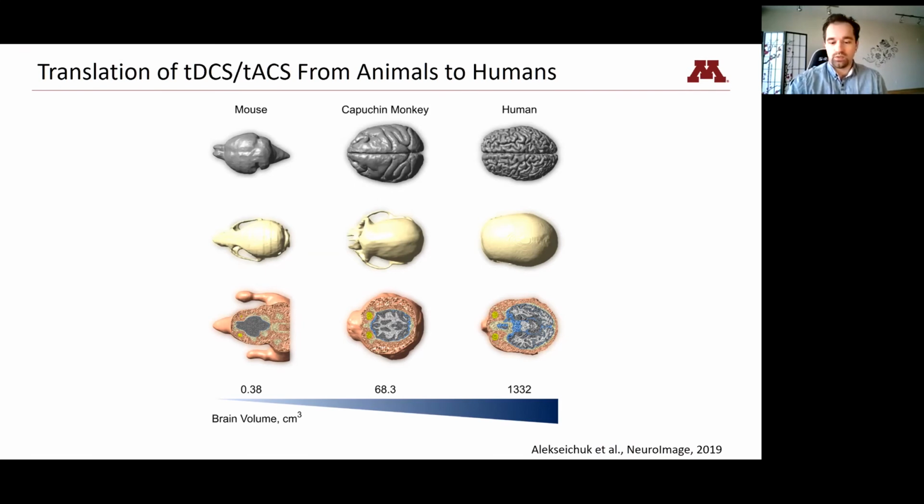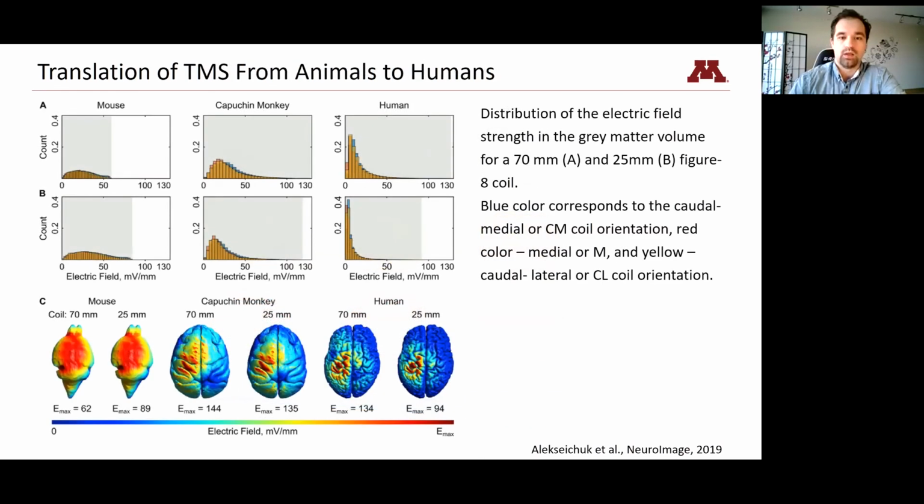And recently we did such research in mouse, monkey, and human. And you can see examples of the model on this slide right now. And we explored TMS and tDCS, and let's start with TMS.